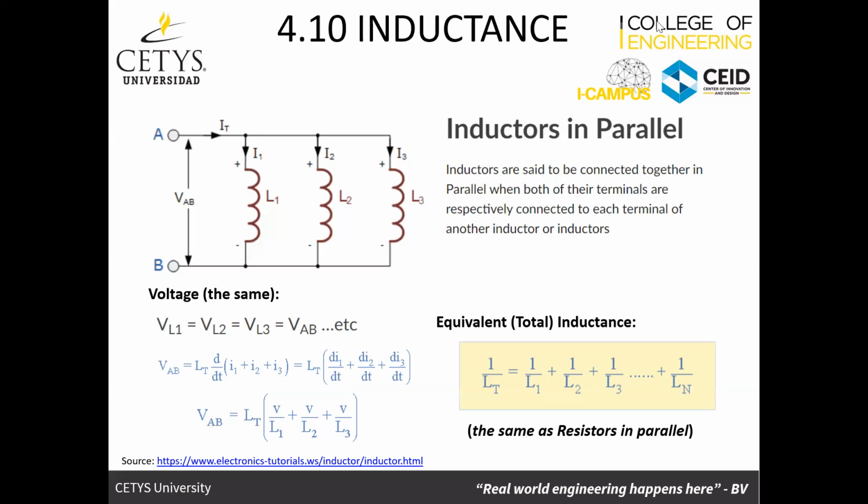V is voltage, R is resistance, C is capacitance. I'm not sure why I is current. Why did they break the rule? L is inductor. Maybe it has to do with different languages. Ampere is French, so I don't know if they say courant or something else. I have no idea.